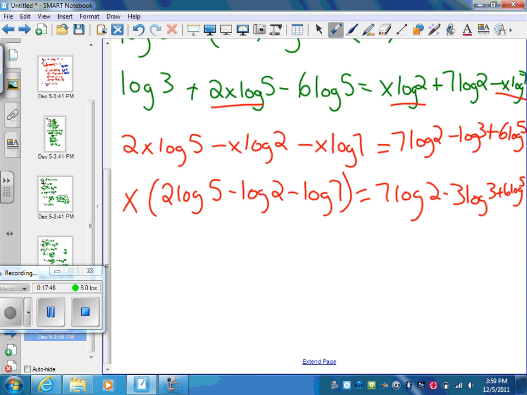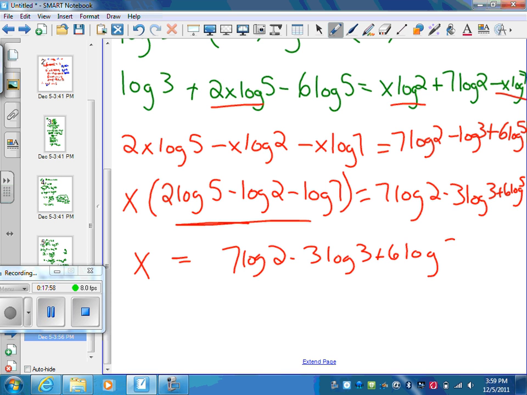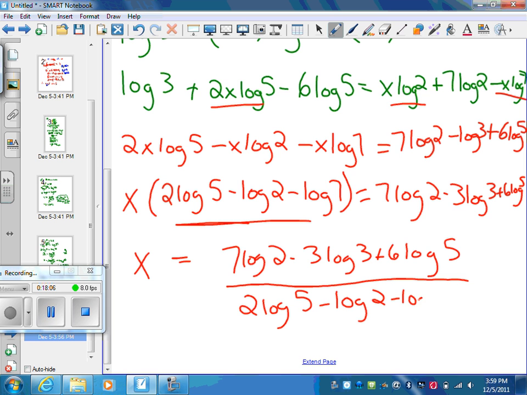Okay, I want x by itself, so I'm going to divide both sides by this thing. So I have 7 log 2 minus 3 log 3 plus 6 log 5. So we're just doing algebra now. Divided by 2 log 5 minus log 2 minus log 7.